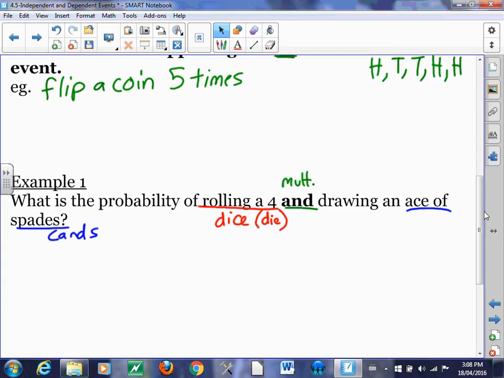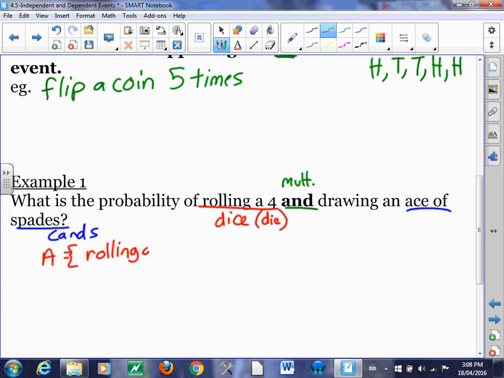So event A, or outcome A, if you want to take a look at it, equals the probability of rolling a 4. Now we'll take a look at event B, which is our second event. And event B is drawing an ace of spades. So you can draw it. Hopefully you're a good drawer, maybe better than myself. Okay?